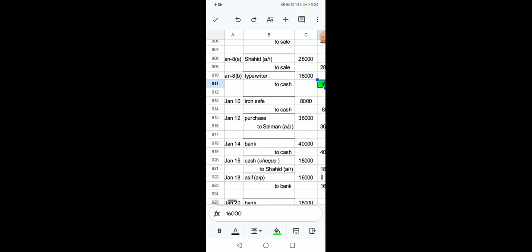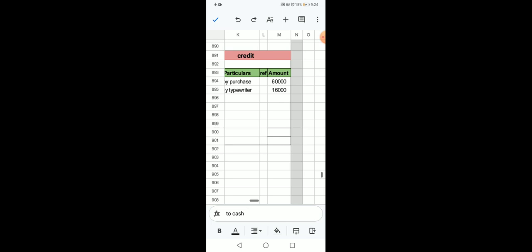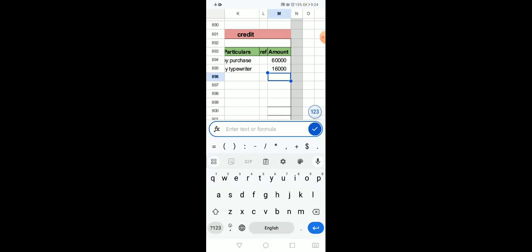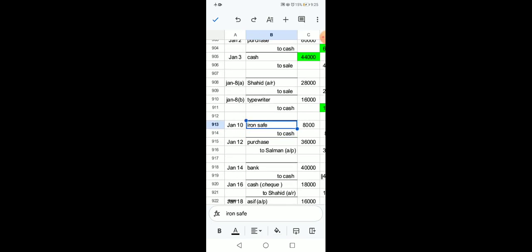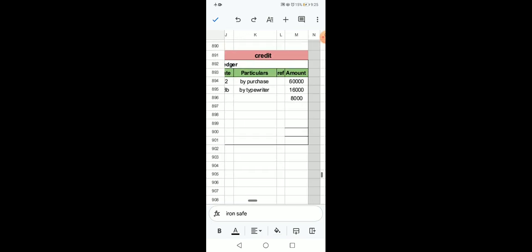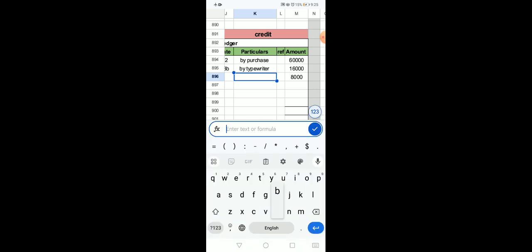On January 10 we have cash again credited by 8,000. We will go to the credit side and write 8,000 in the credit column of the cash book. See what the reference is. The cash was credited, and iron safe is written on the opposite side, so you will use the same for the reference. Buy iron safe over here.